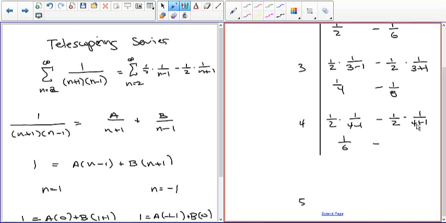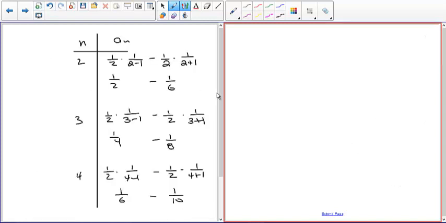And here we have 1/2 times 1/5, which is 1/10. You can kind of see what the pattern is now. So the next one will be, this is 1/2, 1/4, 1/6. This will be 1/8. And this goes 6, 8, 10, 12. So this is minus 1/12. And so each subsequent term is going to be like that.